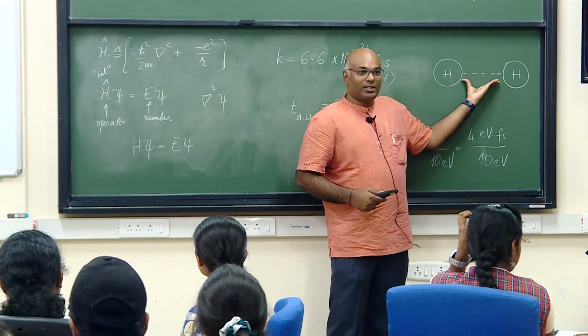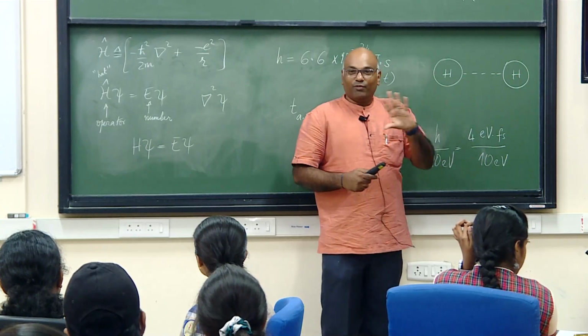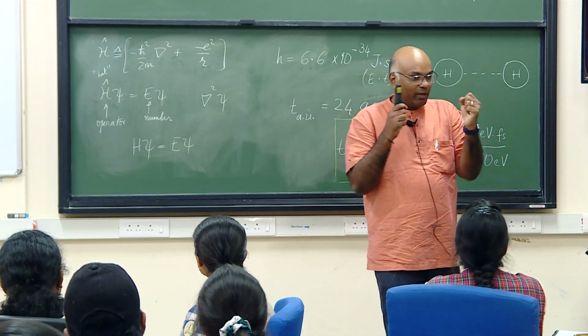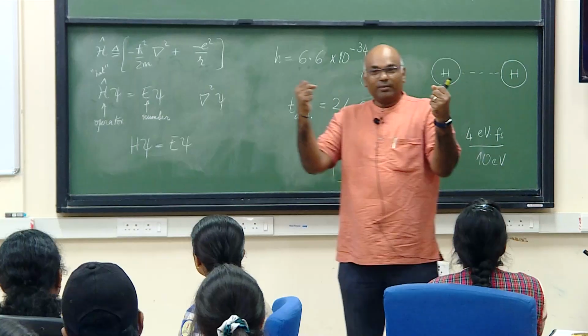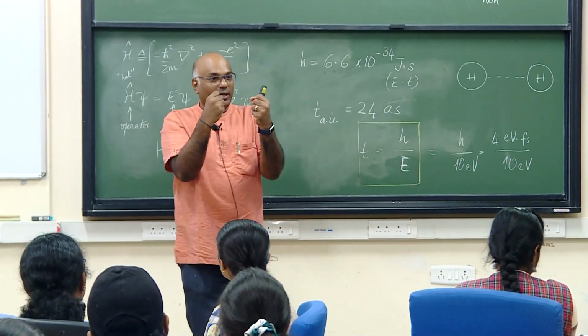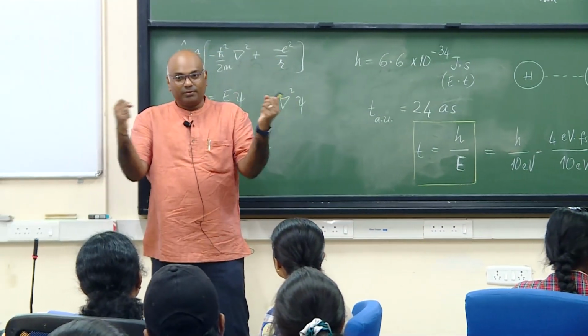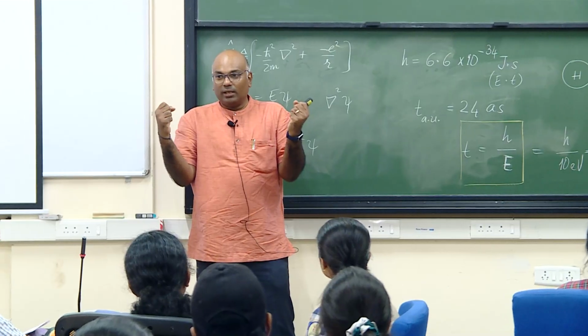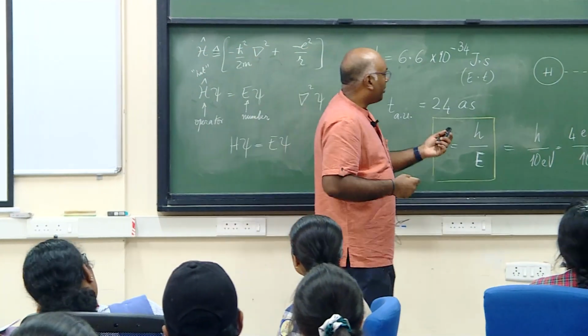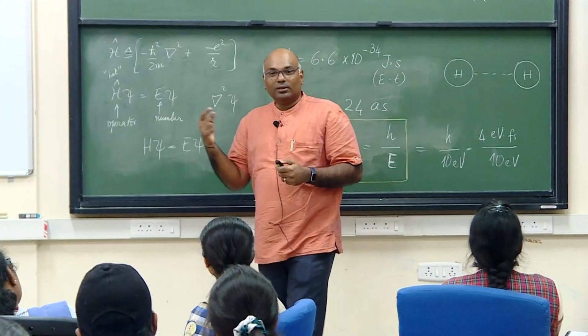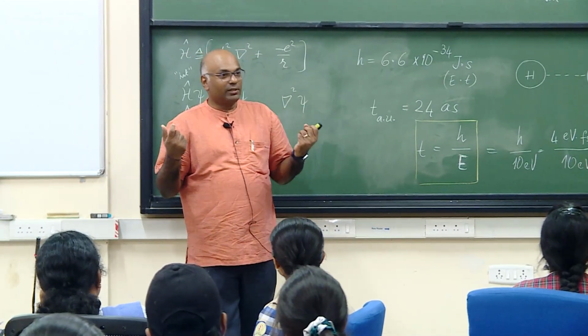So if I figure out this energy, then I can figure out the time scales on which the dynamics of this bond takes place, right? So basically, if we have two atoms, they can maybe vibrate. Yes, they can vibrate, right? So that vibrational energy determines the time scale on which vibrational dynamics happens.